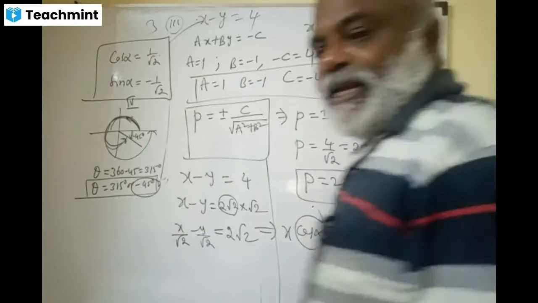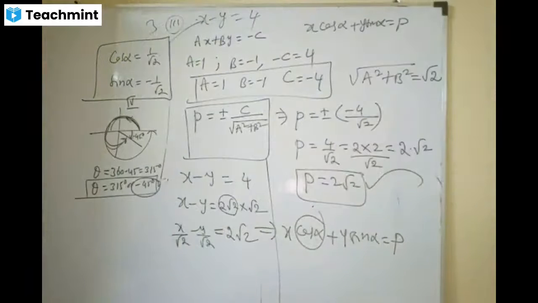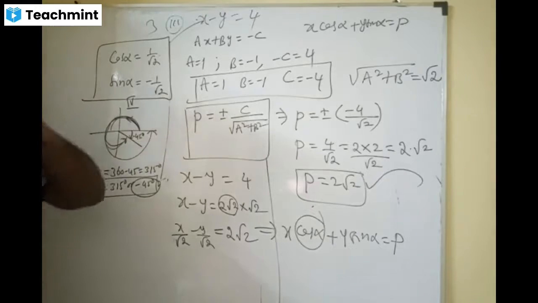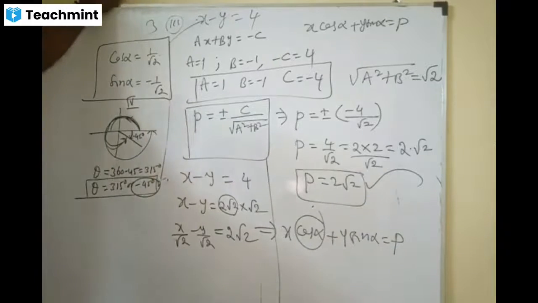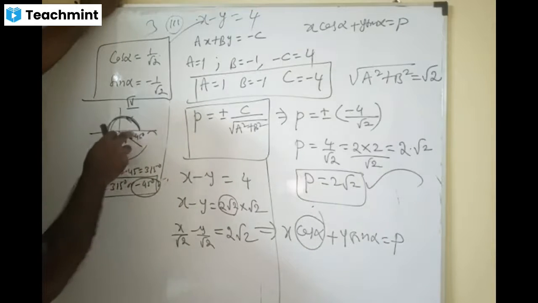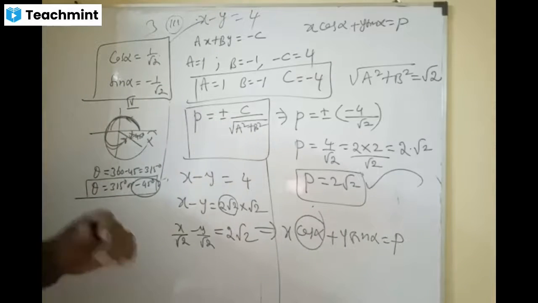Okay, clear, dears? Because they said very clearly alpha is measured in the anti-clockwise direction from the x-axis, this is the correct one. This is the clockwise one. But for academic sake, we should know this, right?